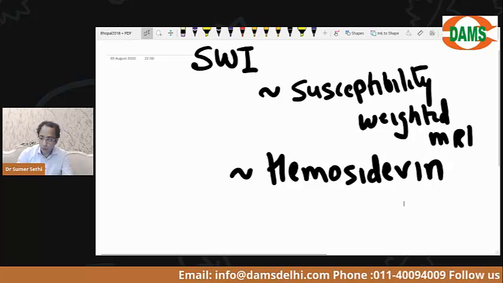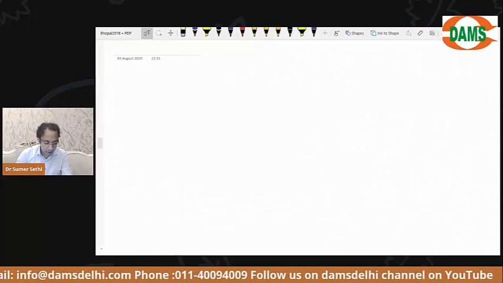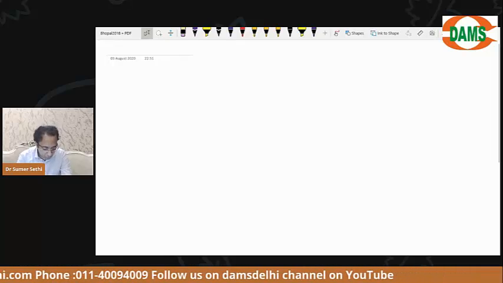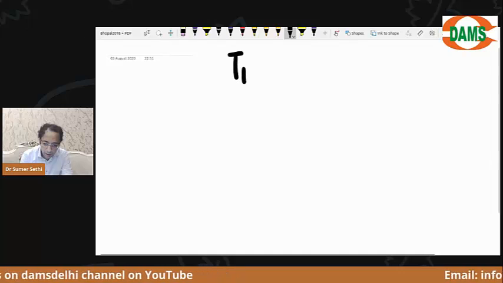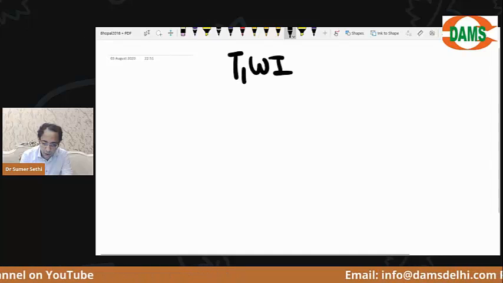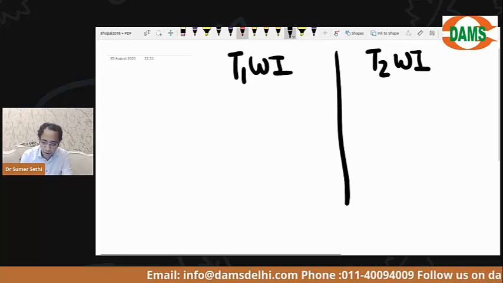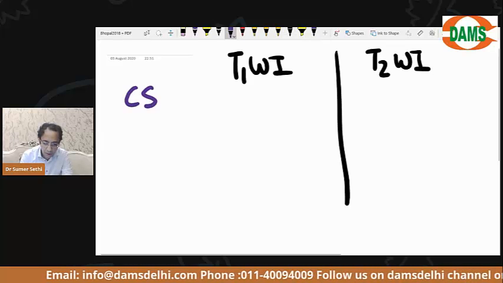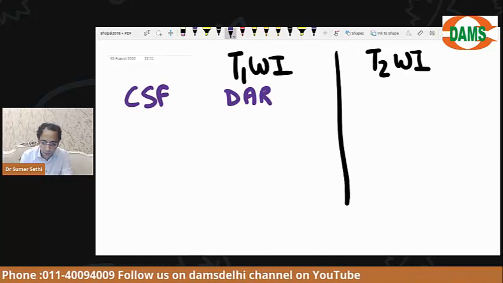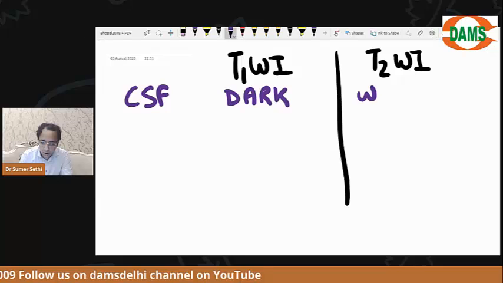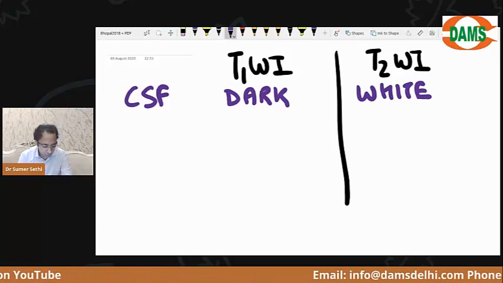Now I will give you one more concept to understand. T1 weighted image, T2 weighted image. CSF on T1 weighted image will appear dark. On T2 weighted image, it will appear white.